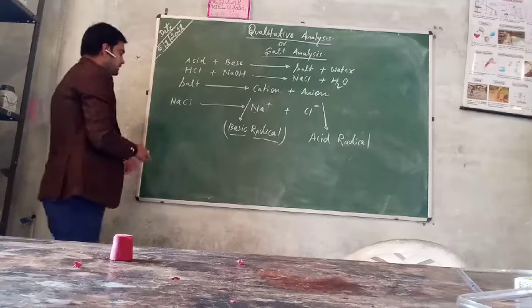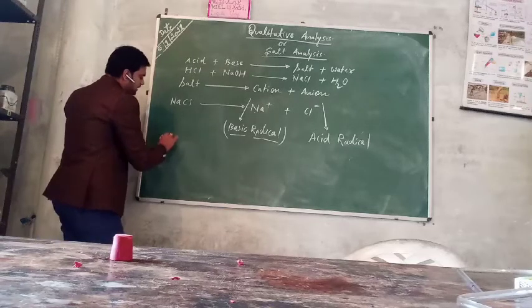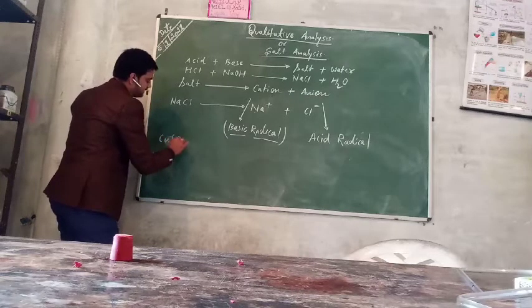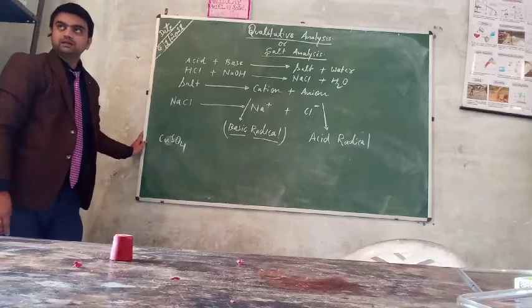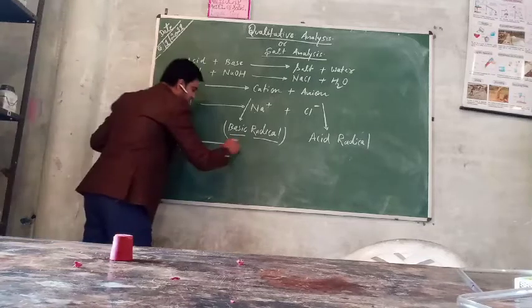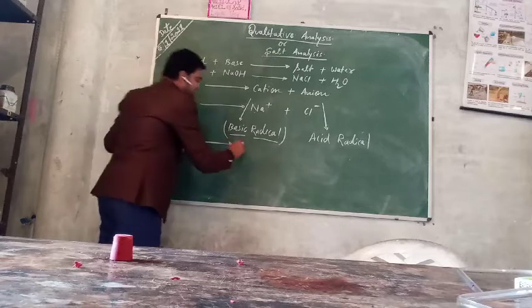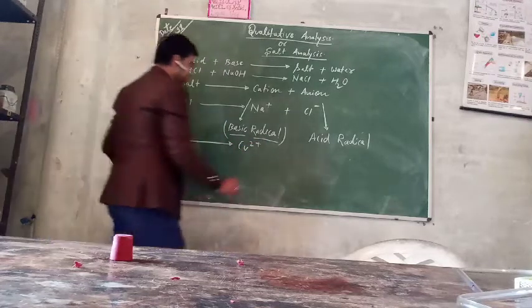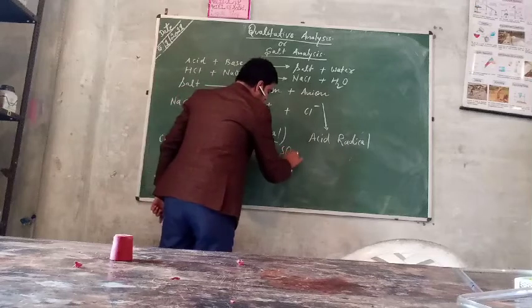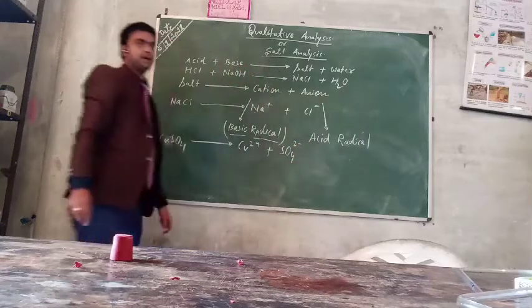Similarly, suppose a salt is given to you, the name of the salt is copper sulfate and the formula is CuSO4. When this salt breaks, the cation formed is Cu2 plus, the copper ion, and the sulfate ion, that is SO4 2 minus.